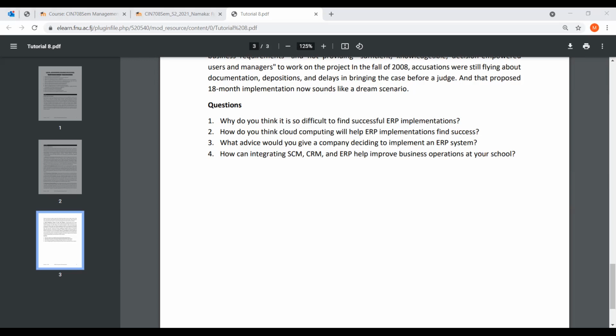Third point, able to perform most of the tasks online.